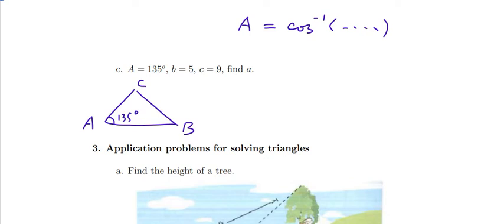But we know 135 is actually an obtuse angle. This is not precise, but this is how we draw the triangle: A, B, C, like this angle looks like 135 degrees.